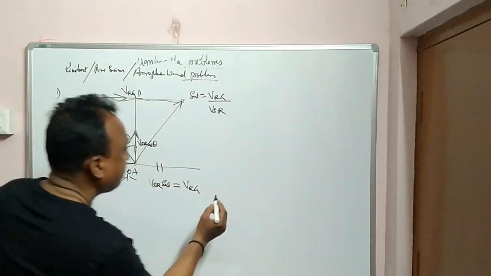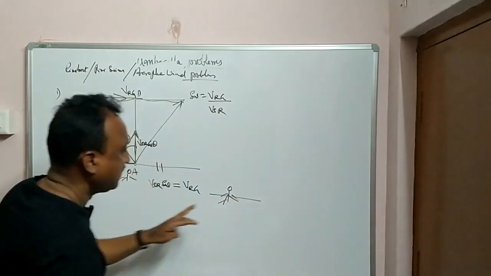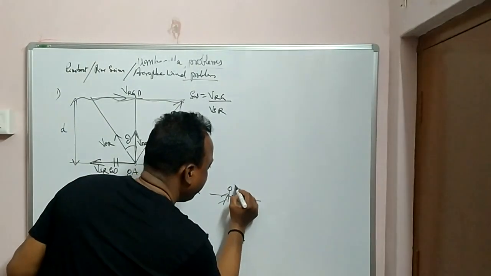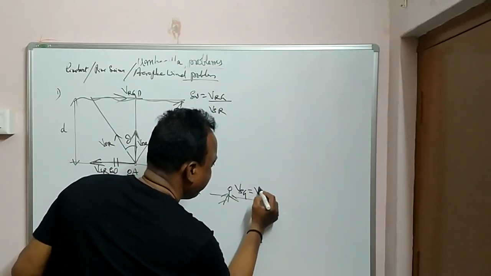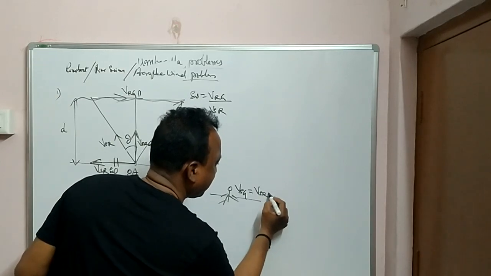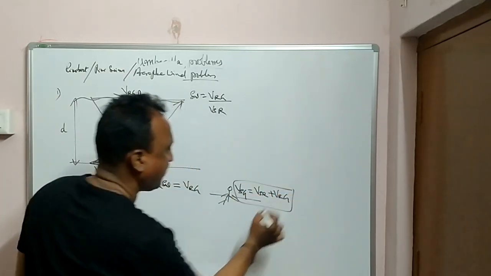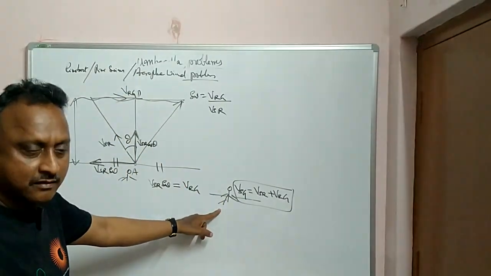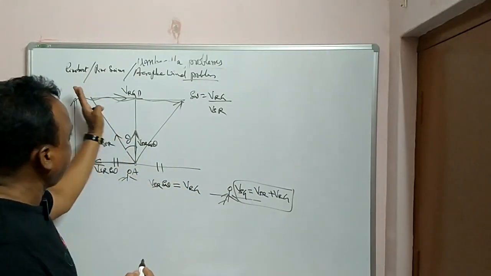Now see here, for example, an observer outside the water feels that the velocity of the swimmer with respect to ground is given by the velocity of the swimmer with respect to river plus the velocity of the river with respect to ground. This is a very, very important formula. An observer watching from outside the river feels the swimmer is going in this direction as well as this direction.